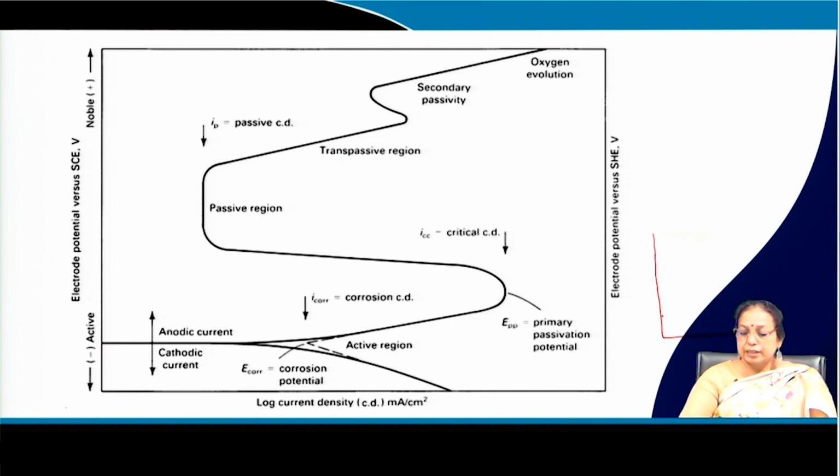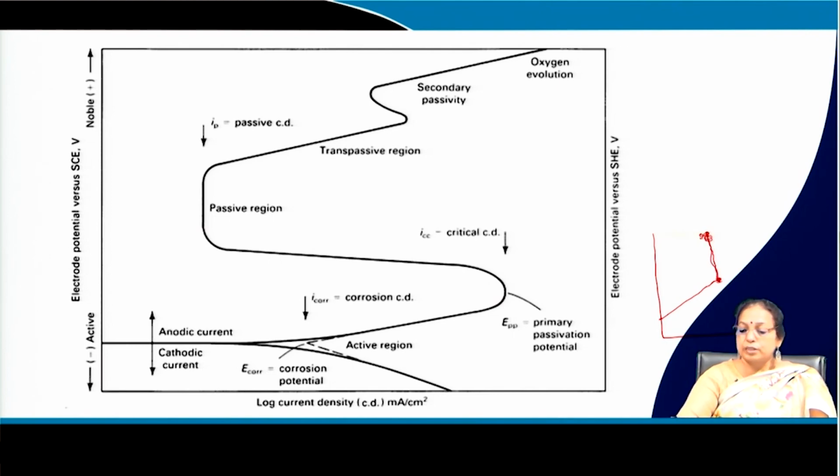The behavior you will observe is like this. Initially there is an increase in current with an increase in potential, then at a particular primary passivation potential there is passive film formation. So, you will see that current does not change with the potential up to a particular potential.